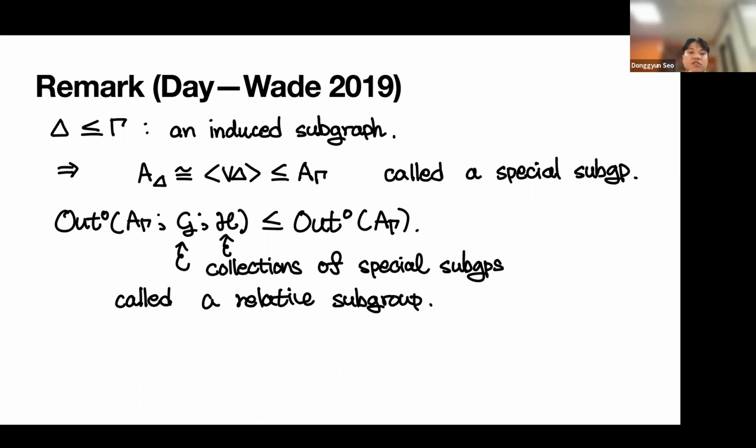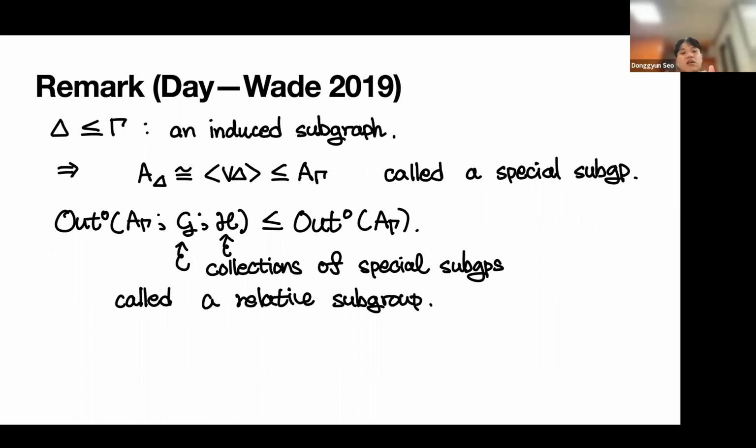Because we take arbitrary collections, it can be empty, or it can be trivial, or it can be the whole group Out0 A gamma.